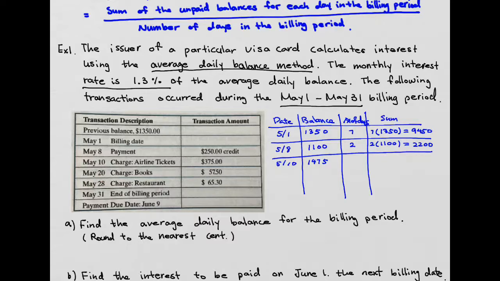Start from 10, so it's going to be 10 days. When you multiply those two, you end up getting 14,750.